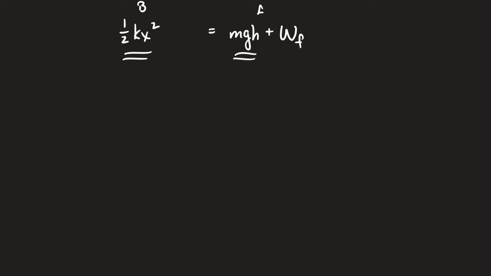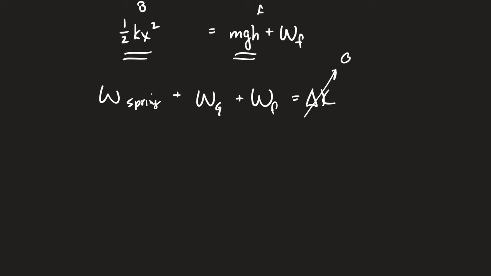The way we did it in class would be work done on the spring plus work done by gravity plus work done by friction would have to equal the change in kinetic energy, which we know is 0. But all of these will be the same. They're all going to work out to be the same answer because work done by the spring is minus 1/2 kx squared, work done by gravity is minus mgh, and work done by friction will be minus the work done by friction.